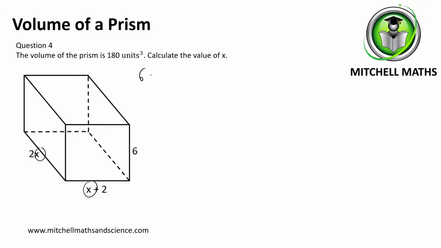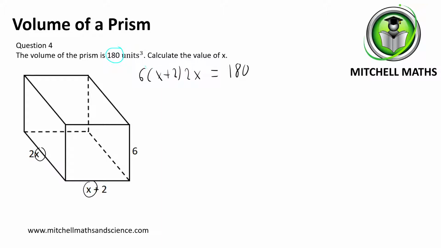We're going to do 6 multiplied by x plus 2, and then multiply that by 2x. And because in the question they've given us the volume already, it's going to equal 180. So we can write 180 in there.